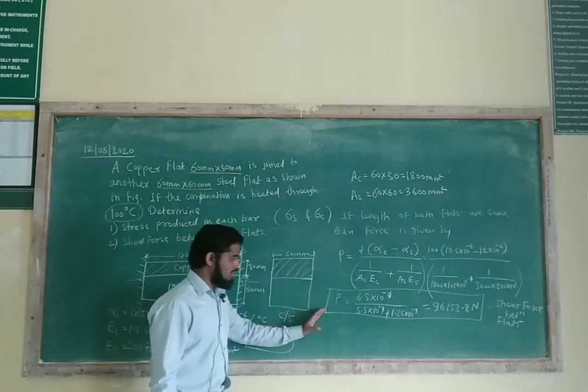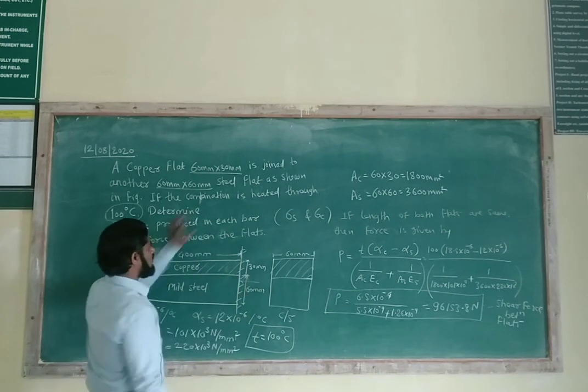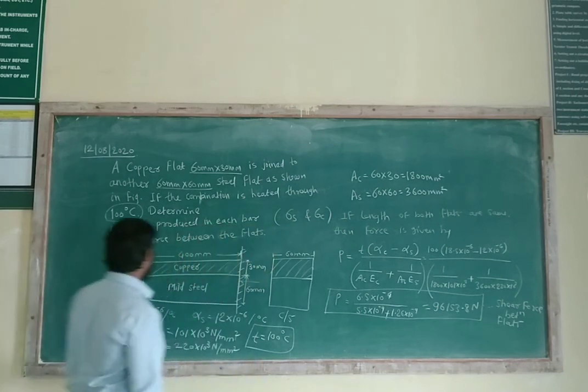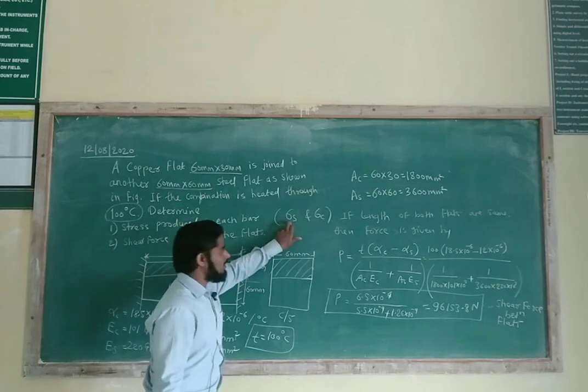In this way I calculate the force exerted by end supports due to the temperature of 100 degree centigrade. But they are asking about the stress produced in each bar, that is the stress in steel and stress in copper.